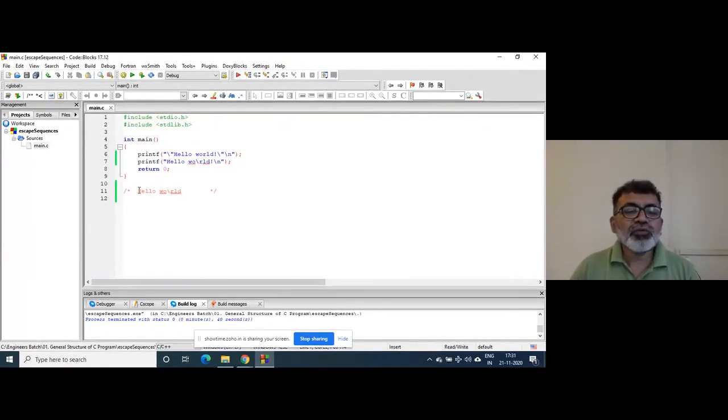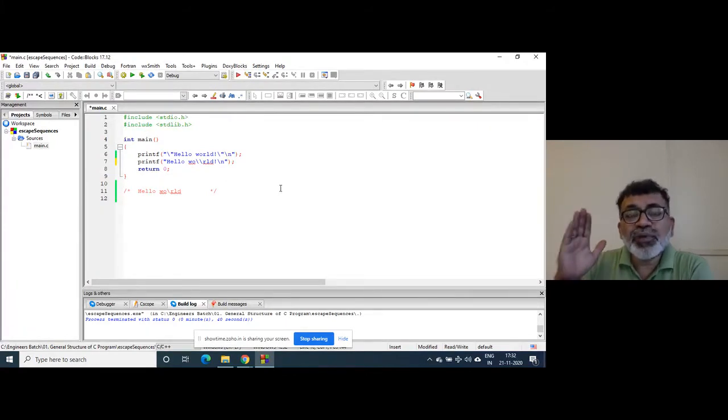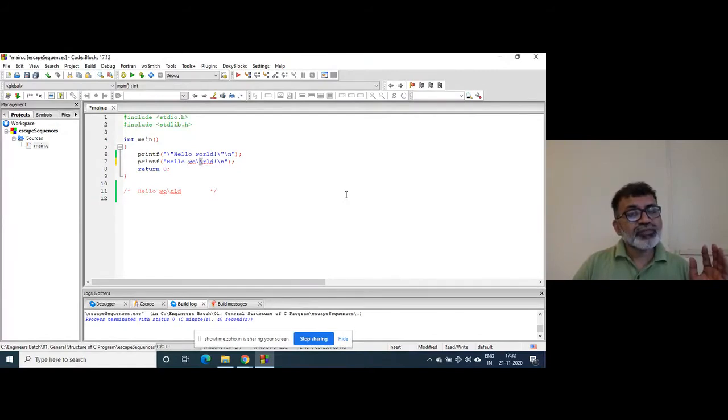Now I want the output to be in this manner, so I will use the escape sequence: backslash backslash. When it comes across the first backslash, it tells the compiler to escape from the normal meaning of the following character. What is the following character? Backslash.